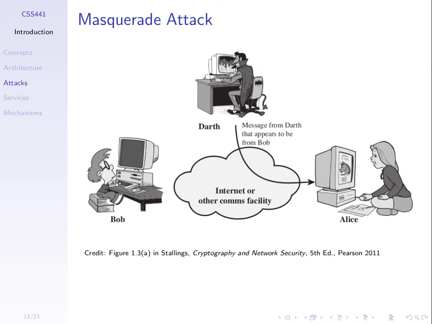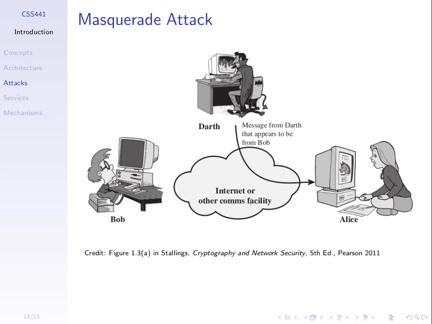Whenever Alice receives a message from the director, she follows the instructions and increases the salary. So this is Darth pretending to be Bob, to do something malicious, in this case to increase his own salary. This is called a masquerade attack, in that Alice doesn't know that the message she gets is from Darth. She thinks it's from Bob. Darth is pretending to be someone else.